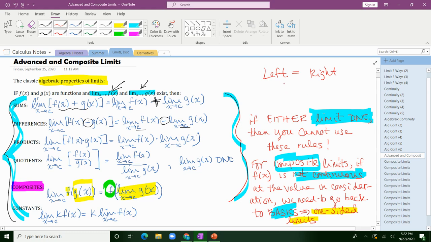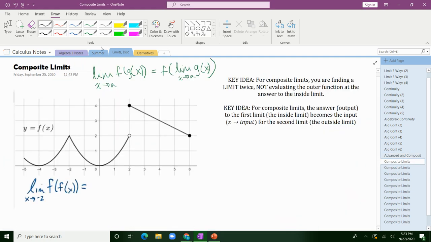Another way that we started with limits is numerically, where we plugged in values really close and saw what the y value approached. That's going to be our main toolbox whenever these nice algebraic properties don't work. Now, sometimes these do work, so I don't want you to think you can never use these, or else I wouldn't even show them to you. They work a lot of the time, but we're going to talk about what happens when they don't work.